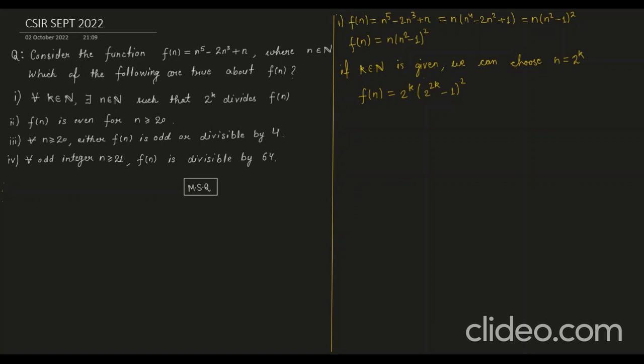By the definition of the function, clearly it is visible that 2 raised to k divides f(n).